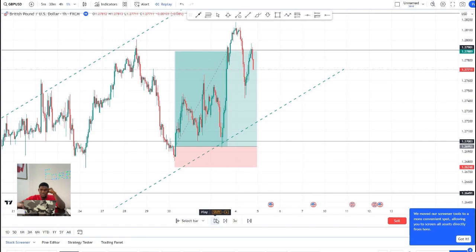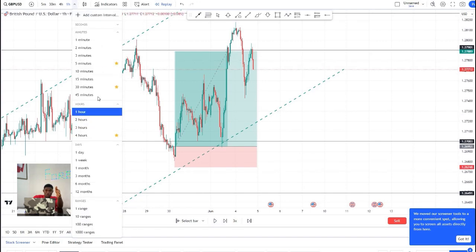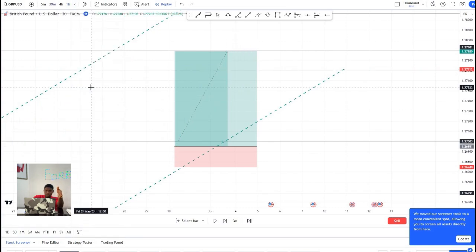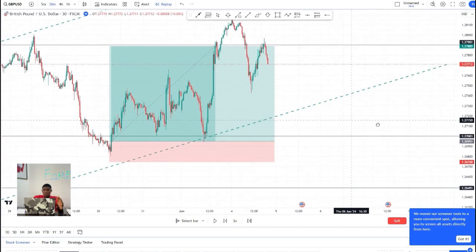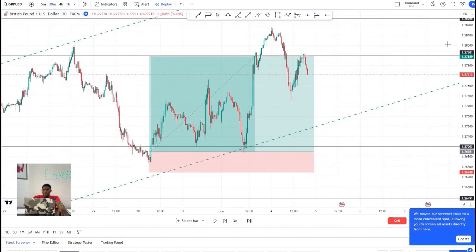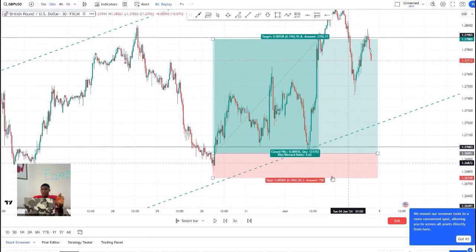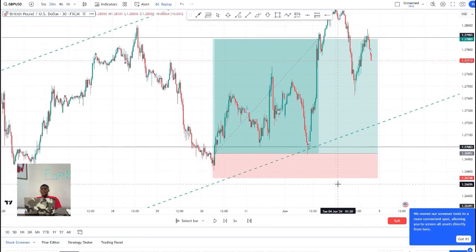And there you have it, guys. This is how to do a proper top-down analysis. Some guys go down to the 30 minutes. From there, you still see more trend. At this point in time, the market looks clearer. But the problem here is that you have a lot of, let us say, fake trends.